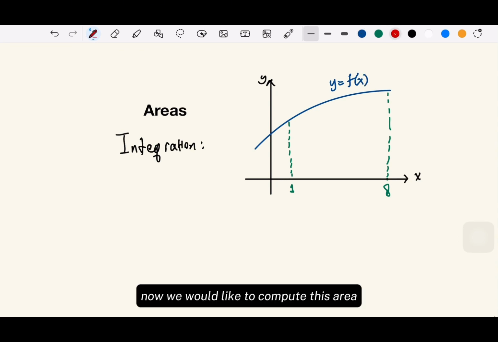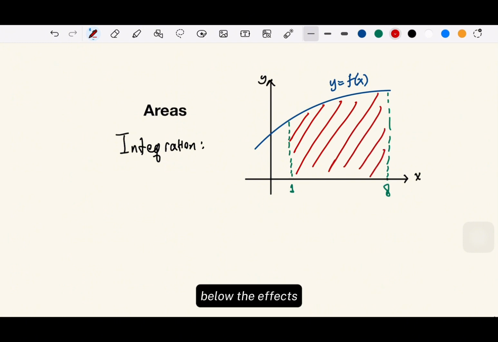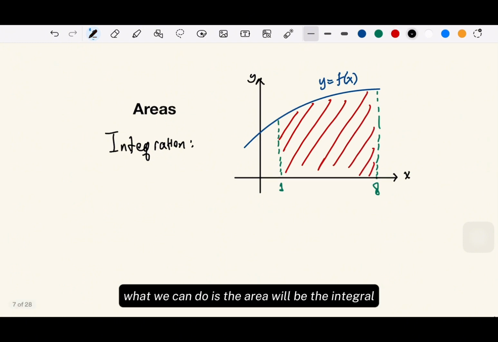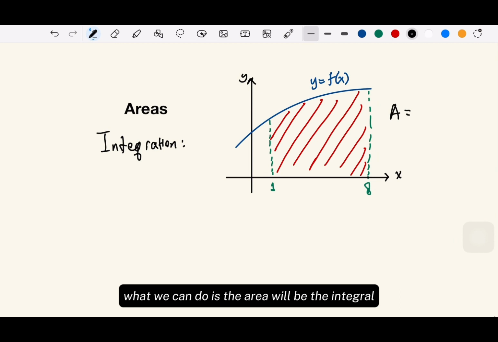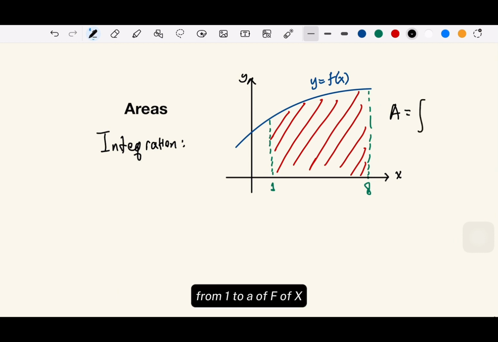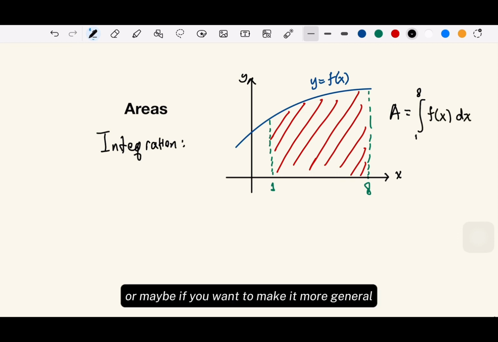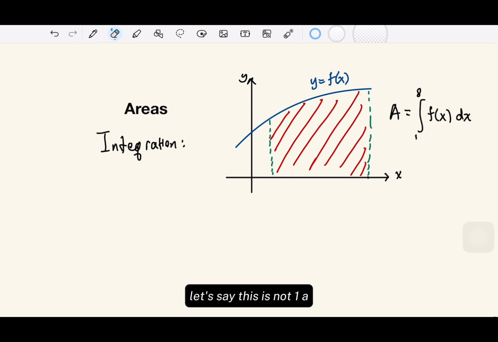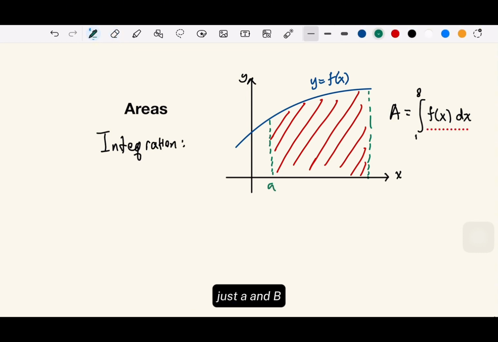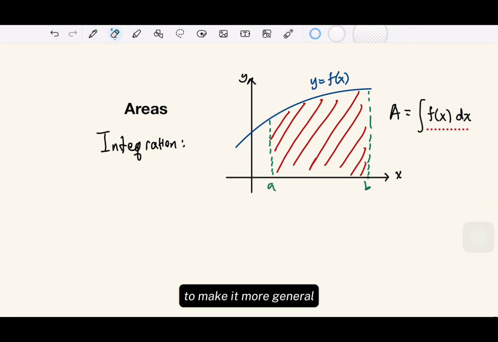Now we would like to compute this area below f of x. What we can do is the area will be the integral from 1 to 8 of f of x dx. Or to make it more general, let's say this is not 1 and 8, just a and b.